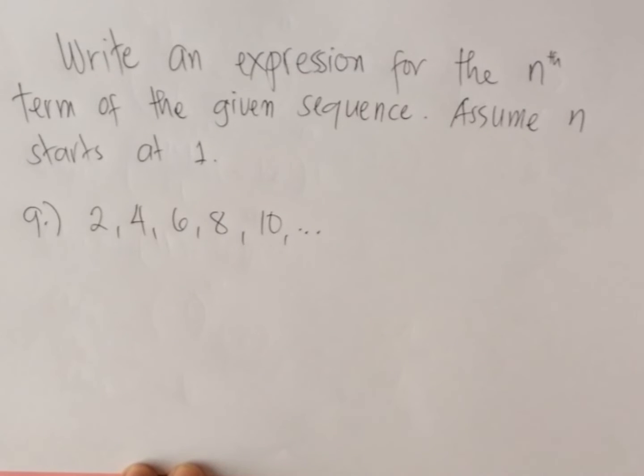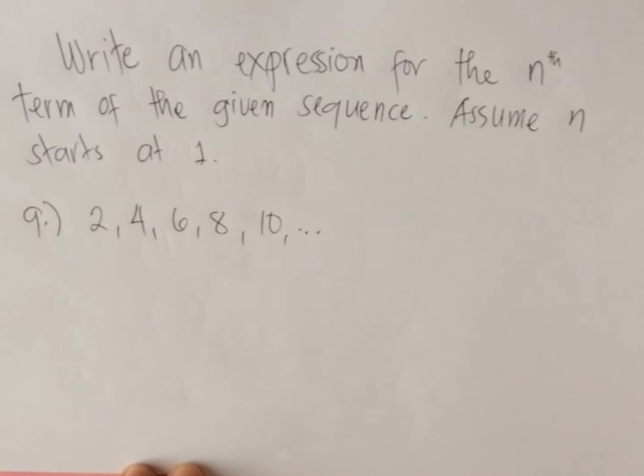Write an expression for the nth term of the given sequence. Assume n starts at 1. For number 9, the sequence is 2, 4, 6, 8, and 10. If you notice, the first term is 2. If our n starts at 1, so let n is equal to 1, then the first term is 2.